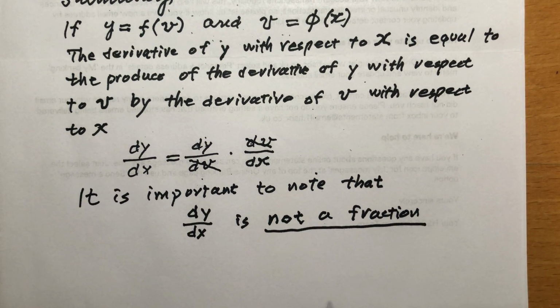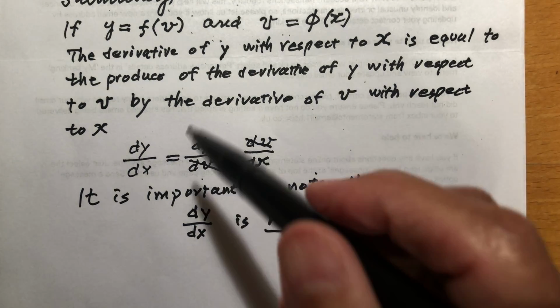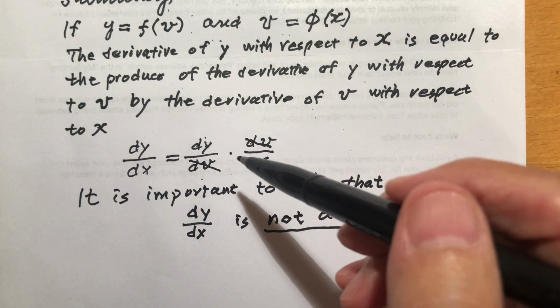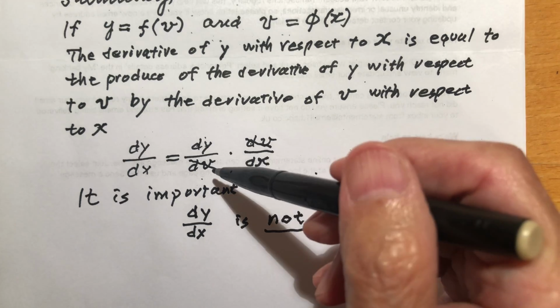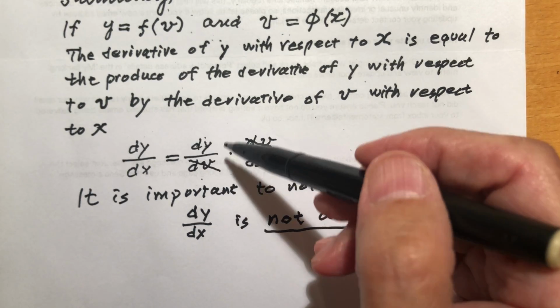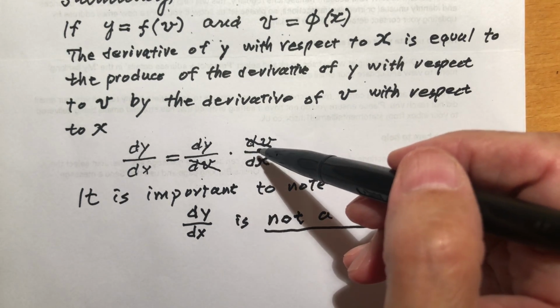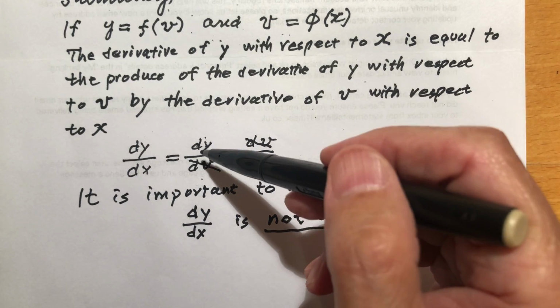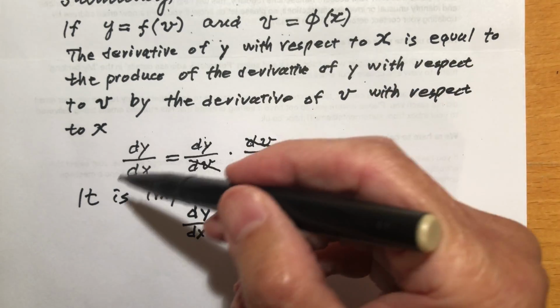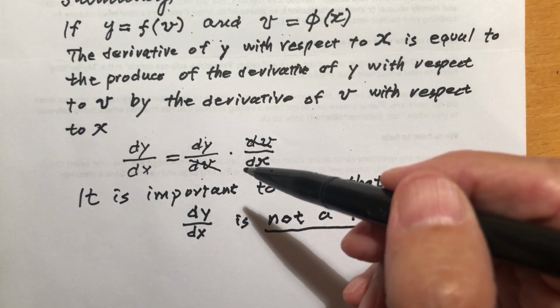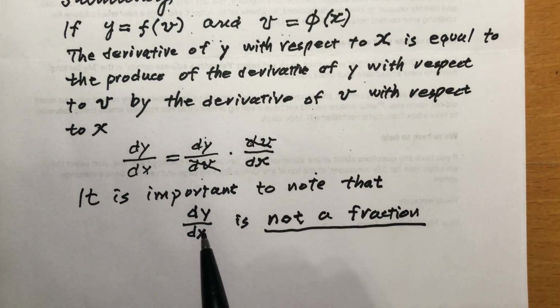This is very important. It looks like a fraction, but it is actually not a fraction. But if it were a fraction, then you can cancel this, and then you get the chain rule. This is how you memorize the chain rule. But the important thing to note is that it is not a fraction.